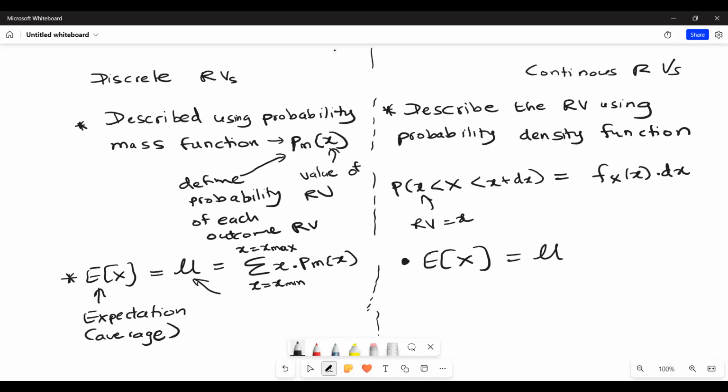So for a discrete random variable, this is the equation that you need to follow to find the mean value, right? Here we are taking the product between the random variable and its own probability value.